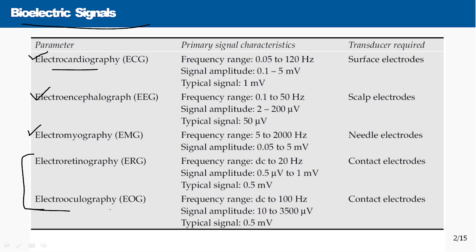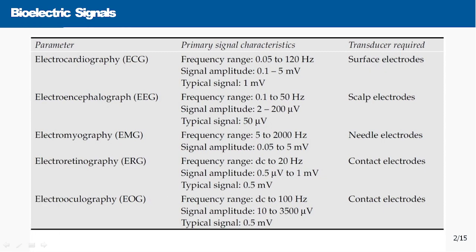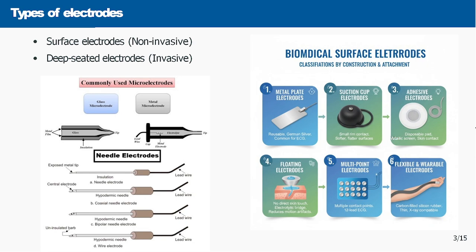These biopotentials, or bioelectric signals, are captured through different electrodes. For example, ECG is captured using surface electrodes, and the electroencephalogram can be captured through scalp electrodes. These different electrodes are also categorized into different classes, or different types. We will see one by one what the different types of electrodes are.